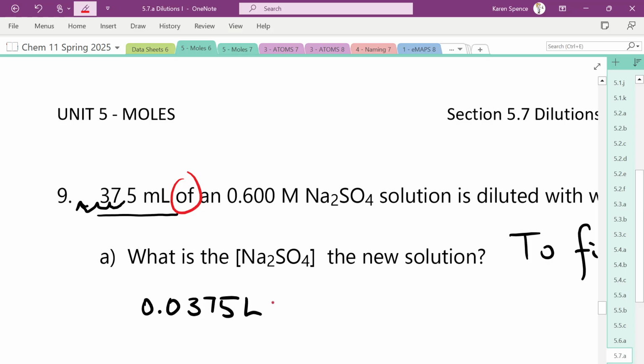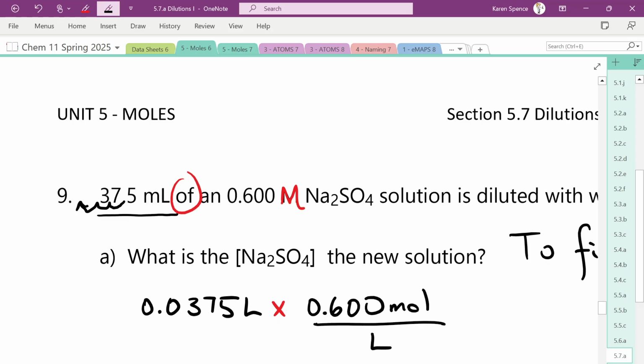Of means times. Okay? What does 0.600 molar mean? What does molar mean? Moles over liters. So we're going to say 0.600 moles per liter.